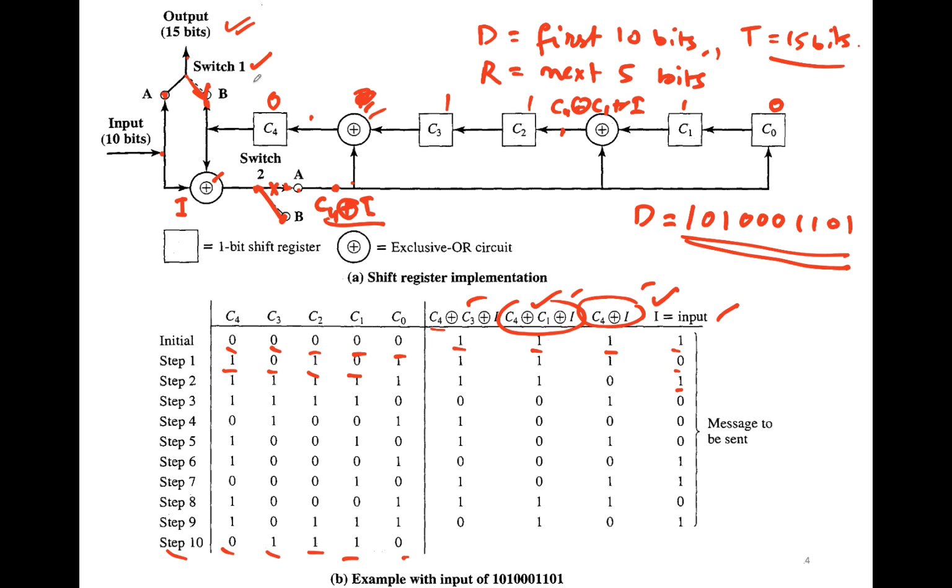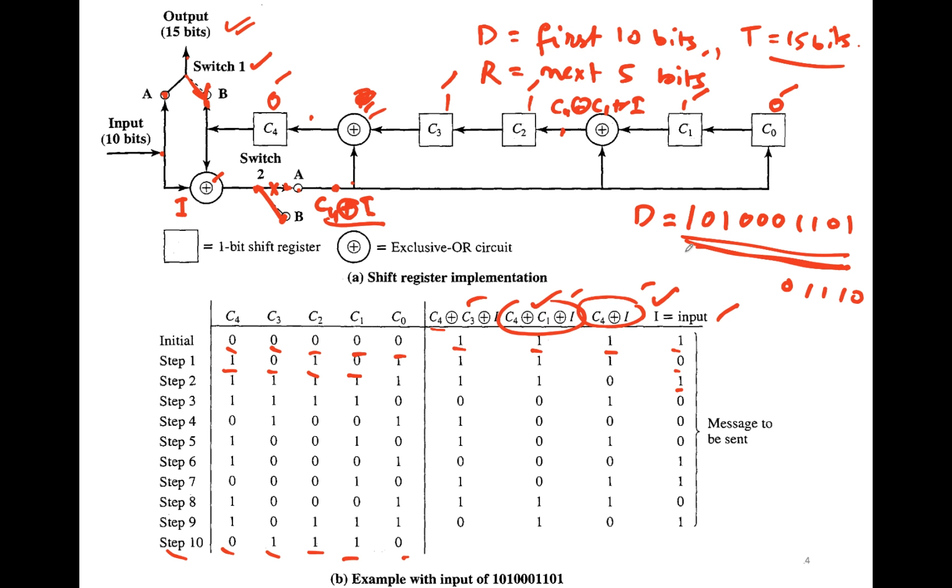So now the output in step 11 will be 0, in step 12 the output will be 1, step 13 will be 1, step 14 will be 1, and step 15 will be 0. So from 1 to 10 you will have these numbers, and from 11 to 15 you will have 0 1 1 1 0.